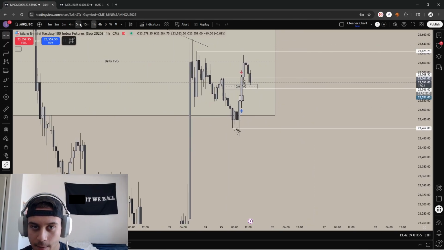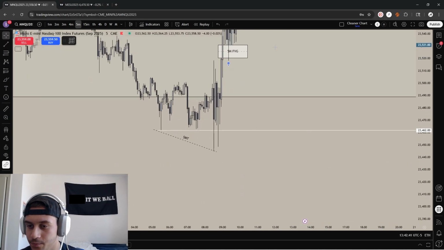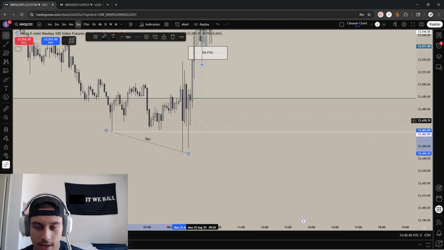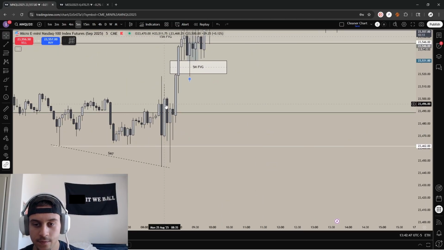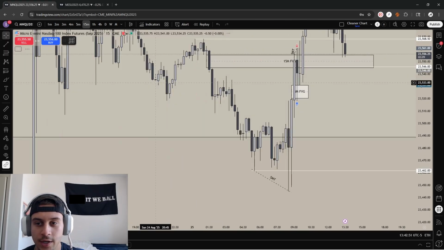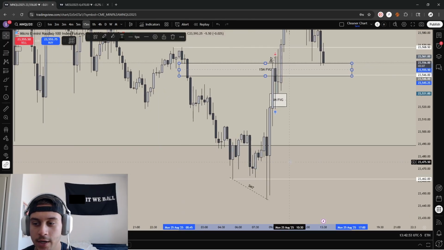What actually happened was we swept this sell side liquidity, chopped for about 30 minutes, and then expanded outwards, targeting a 15-minute unfilled gap right here.